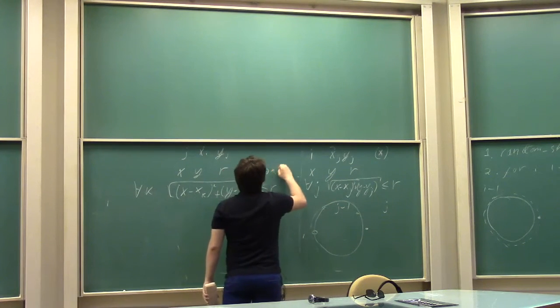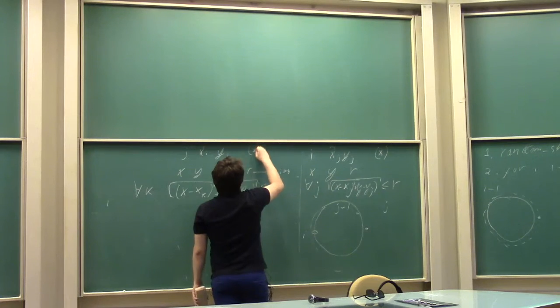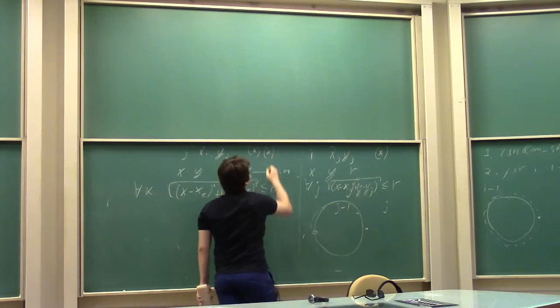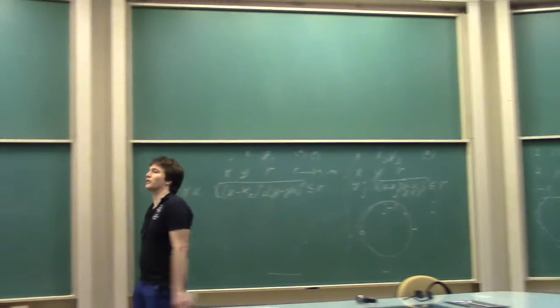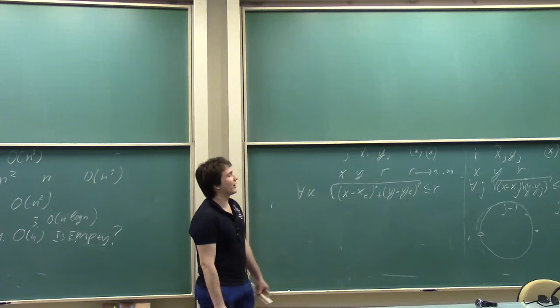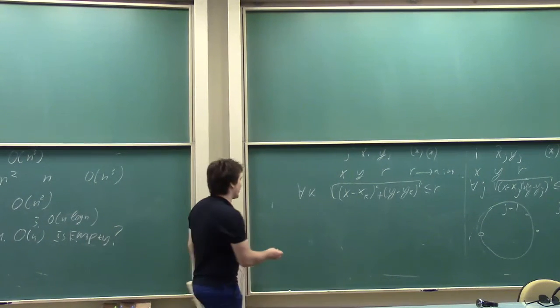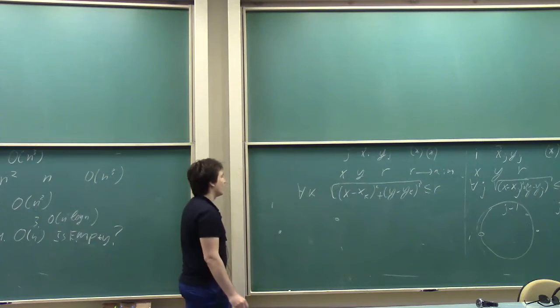R is minimum, but also we are given 2 points of the answer already. So we know 2 points that lie on the circle that we need to use. So here we are now directly solving the problem. Like we fixed 2 points.